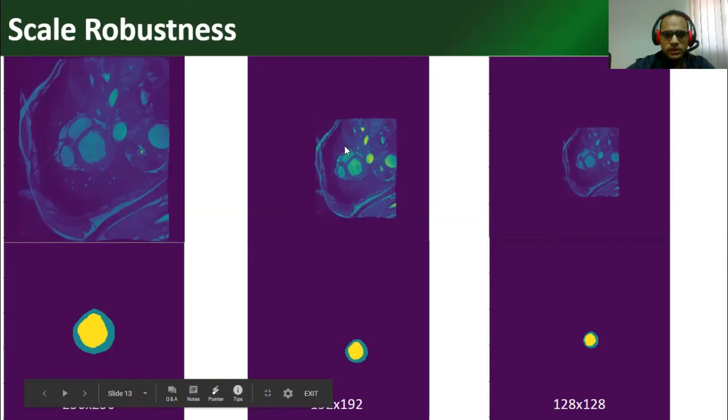The second one is we take the inputs and just compress it to 192 by 192 and pad the remaining pixels with zeros to reach the original network size, which is 256 by 256. And again, we do the same experiment with taking the input and downsizing it to 1/4 of its original size, which is 128 by 128, and re-evaluate the same measurements again.